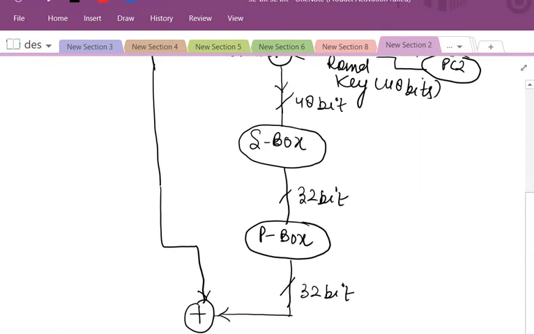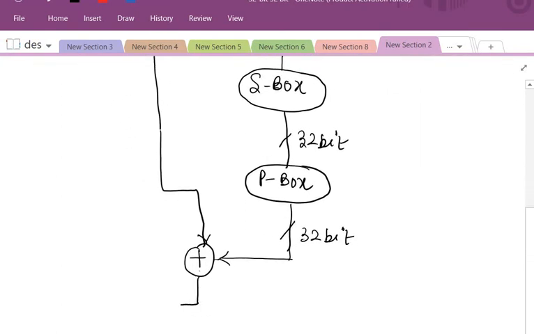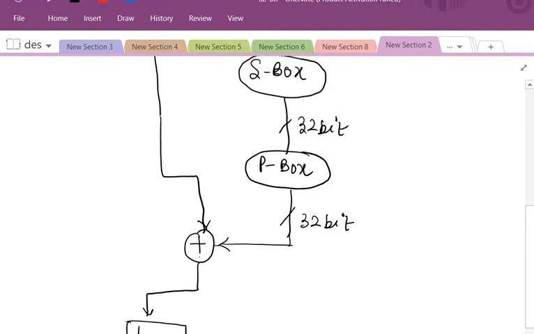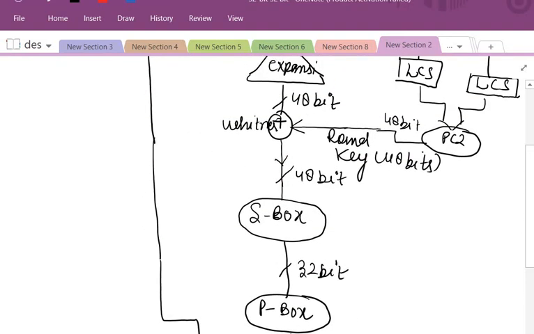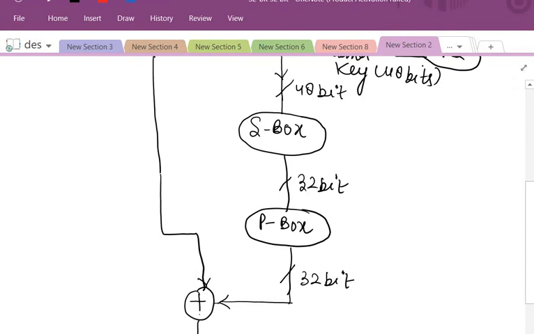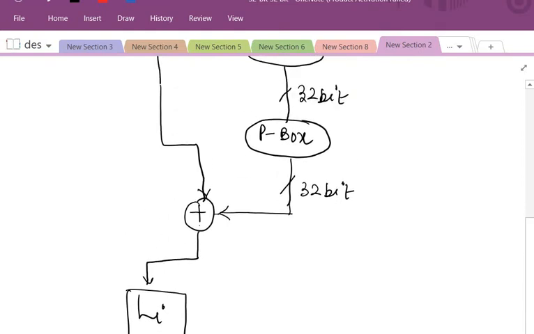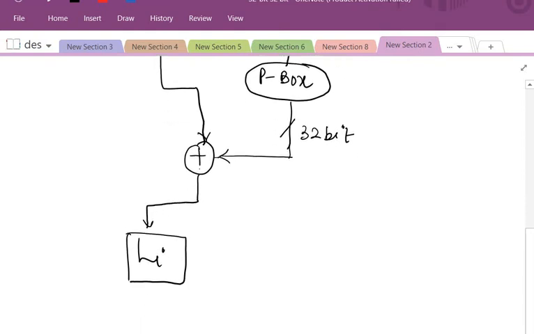The right hand side operation output will act as the left hand side, meaning L(i), the right hand side operation, that is this one.